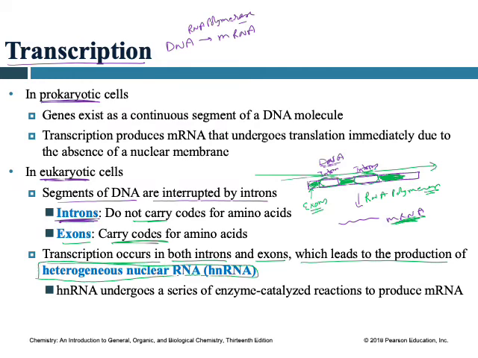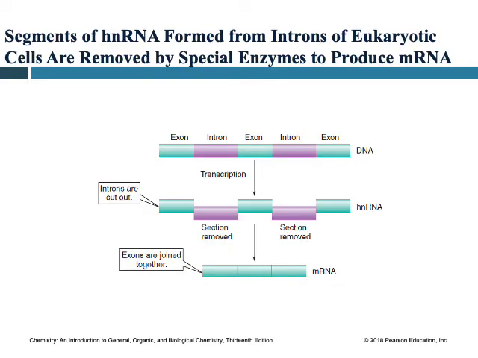What is heteronuclear RNA? It is RNA that is made from the DNA molecule directly, that is made up of intron and exon. So let's take this example. This is your DNA. It has an exon which has the information and introns that don't contain any information.